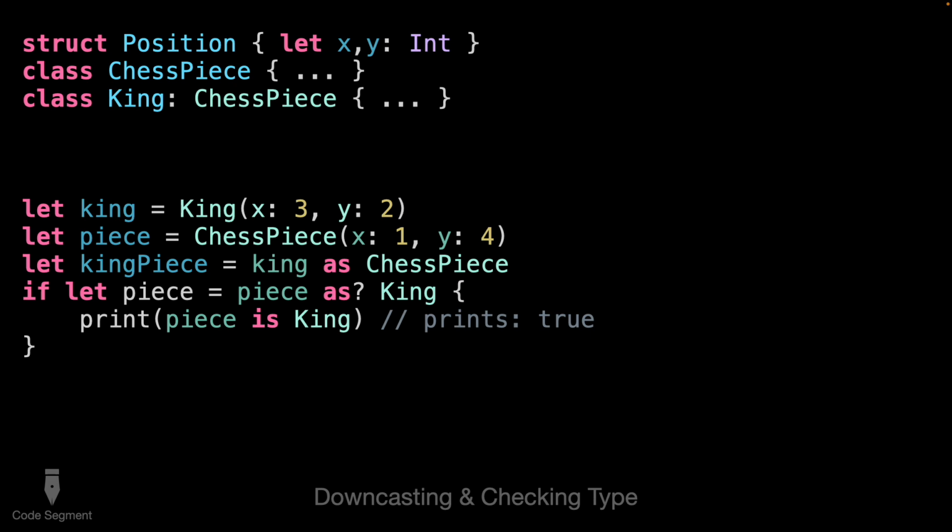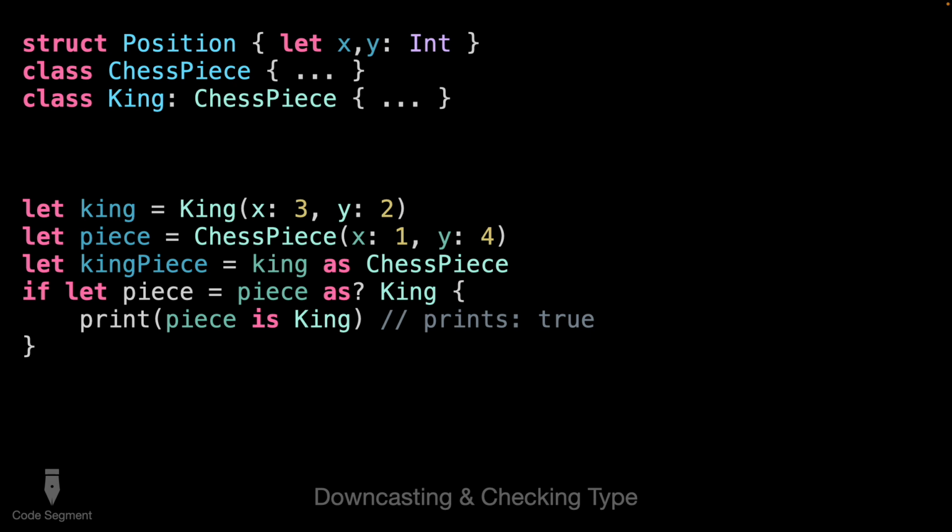But within the brackets, whenever we use piece, we're referring to the one that we just defined. We are overriding it within our current space. So here, the type on piece, the if-let piece, is king, guaranteed. Once we're inside of that scope, that constant has type king.